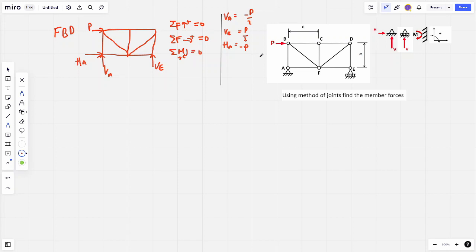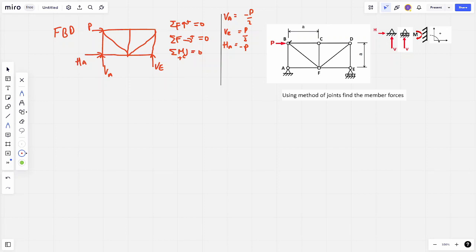But it's a really good idea to use a position that has the least amount of members, but also a member where we already have existing information. In this example, we've just worked out the resultant forces at A and also at E. We've got information also at B. But which point has the least members?